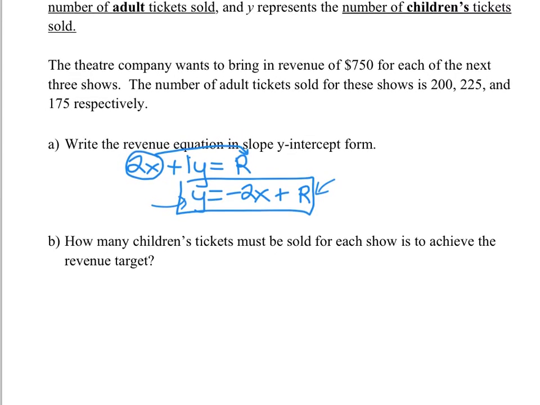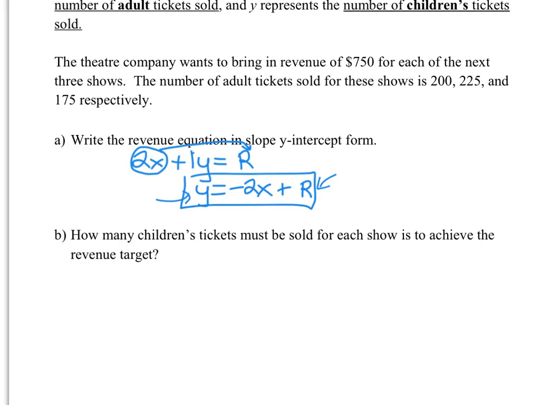The next question is asking me, how many children's tickets must be sold so that they achieve the revenue target? Well, what was the revenue target for those 3 shows? The revenue target was $750.